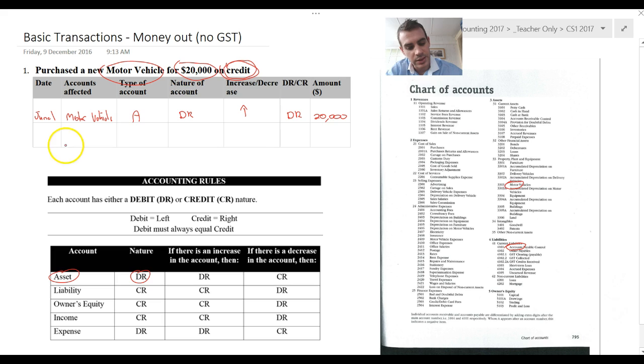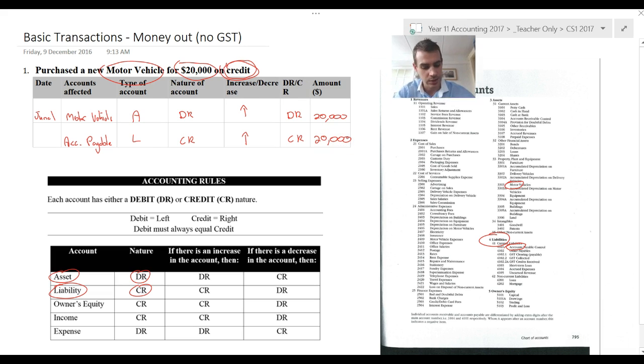Our other account affected is our accounts payable. Now, accounts payable, if we have a look over here, is a liability. If we have a look at our accounting rules, liabilities are credit by nature. This has increased. We now owe $20,000. So this is going to stay as a credit for $20,000.